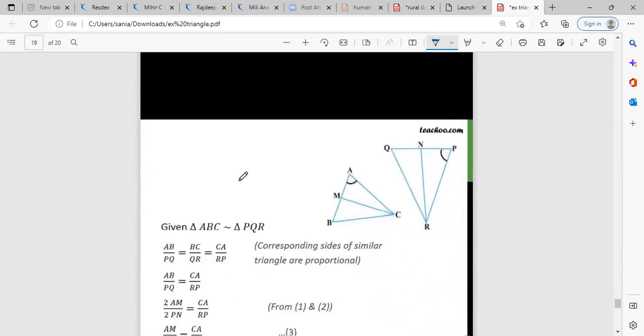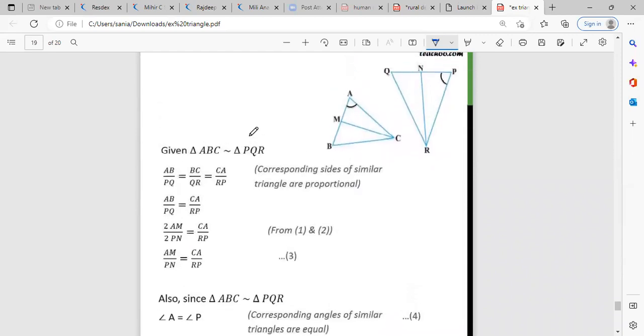Now it is given that this triangle is similar to this triangle. If these two triangles are similar, that means AB divided by PQ, BC divided by QR, and AC divided by PR. Why? Because corresponding sides of similar triangles are proportional.